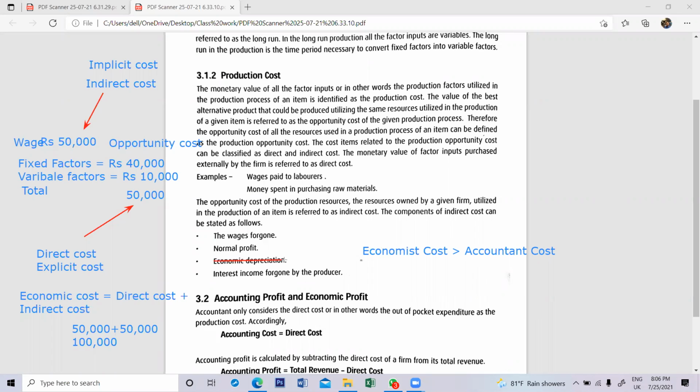Economic profit is a sort of indirect cost. We will consider economic profit in the next unit. Interest income foregone by the producer.